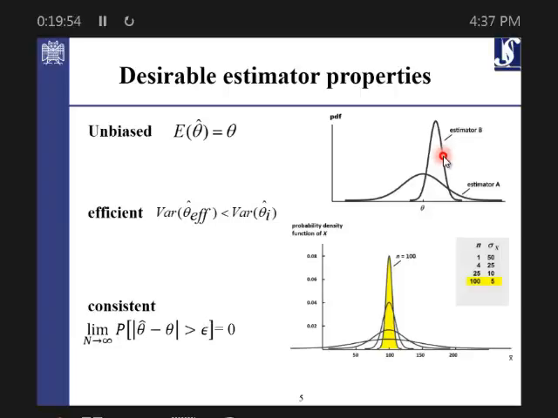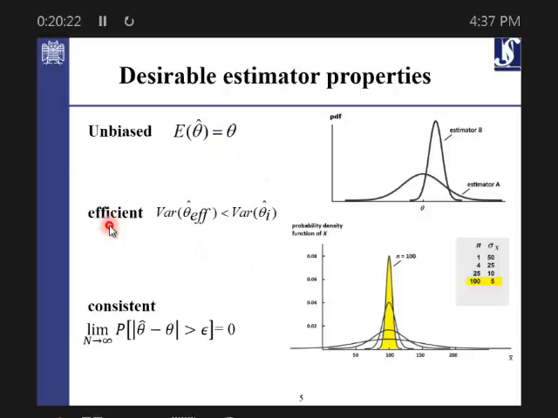So we prefer to have an unbiased estimator, one that estimates the mean as the true value. We know that expectation is nothing but the mean. So the mean of our estimate should overlap with the true mean.